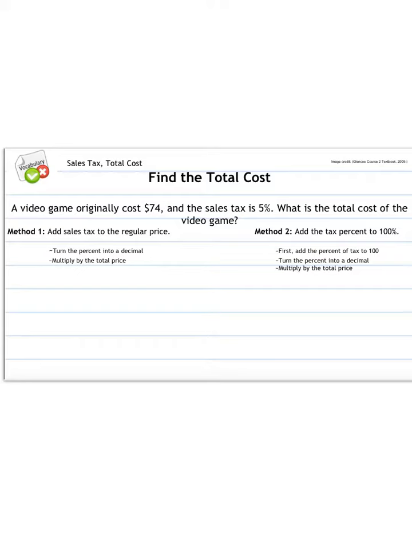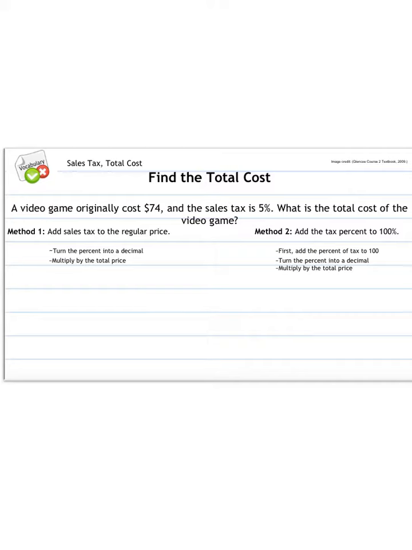Okay? So to find the total cost, there are two methods, and here's our example we're looking at. A video game originally cost $74, and the sales tax is 5%. What is the total cost of the video game? The first method is to add sales tax to the regular price.